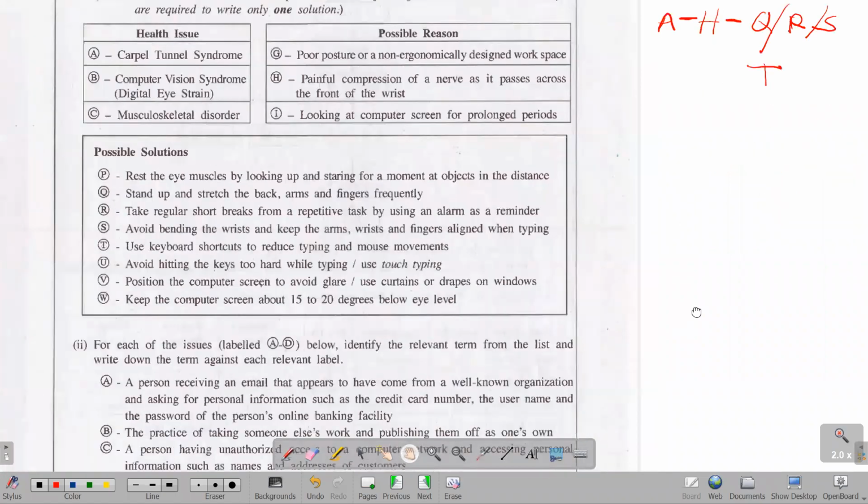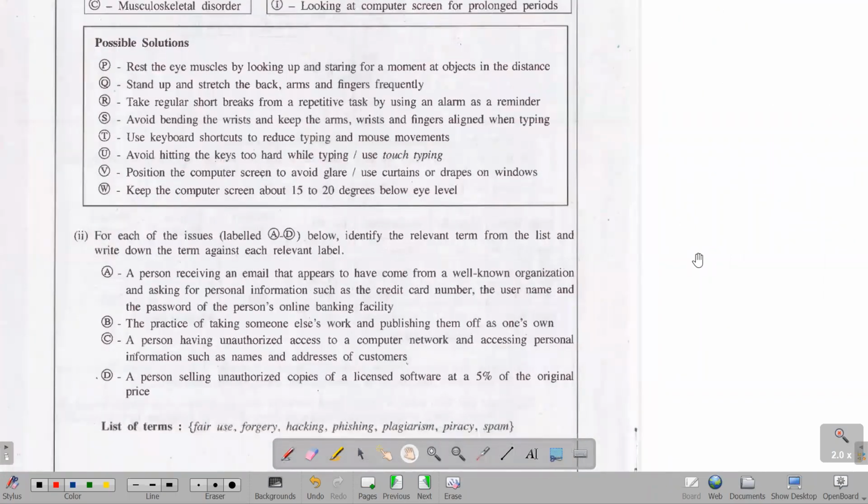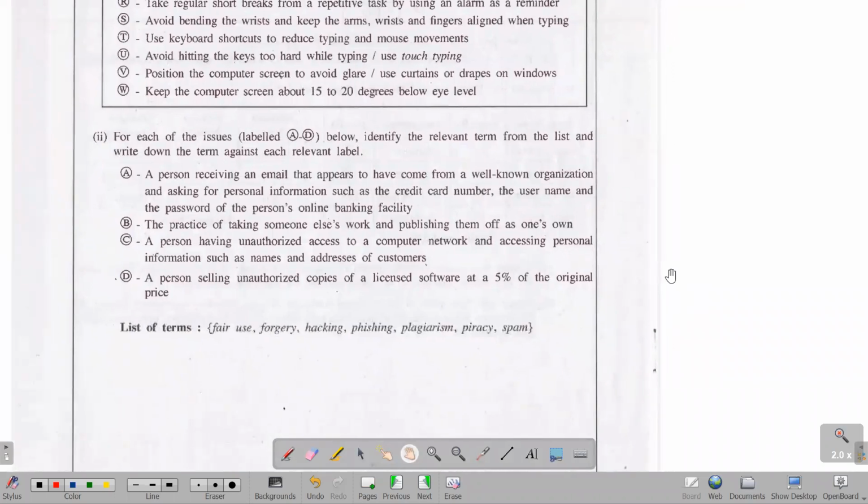So it is asking, for each of the issues labeled from A to D below, identify the relevant term from the list. Write down the term against each relevant label.